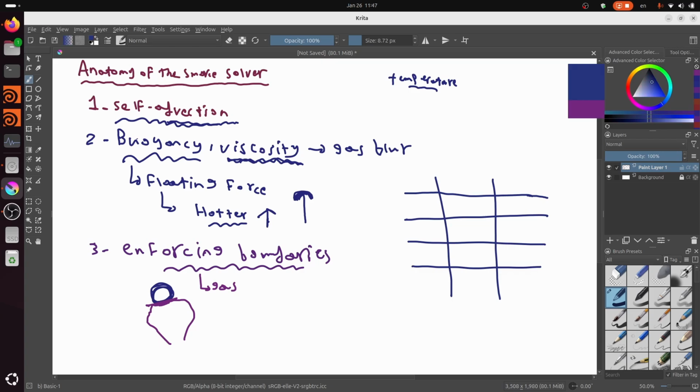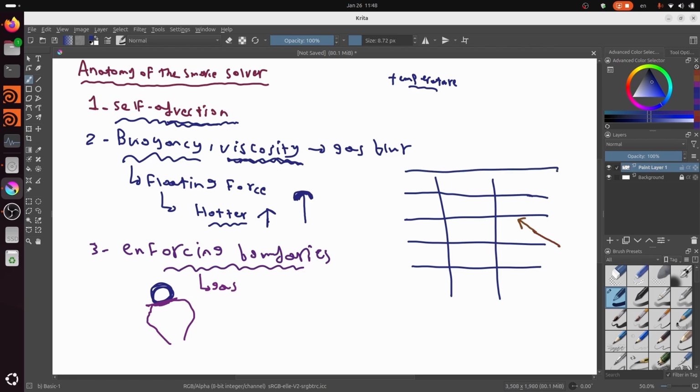But also you have a different type of boundaries which happens with the advection. We said that, okay, we here go back in time with our velocity vectors.